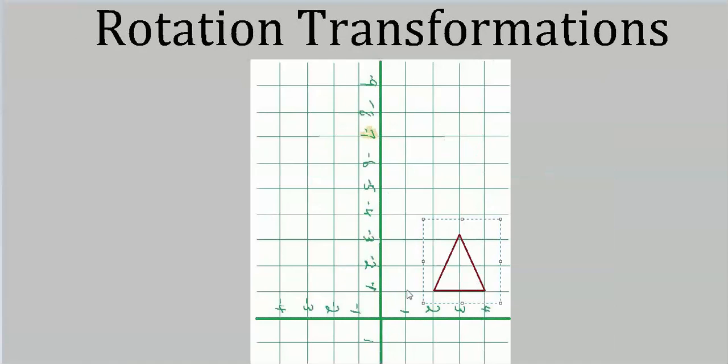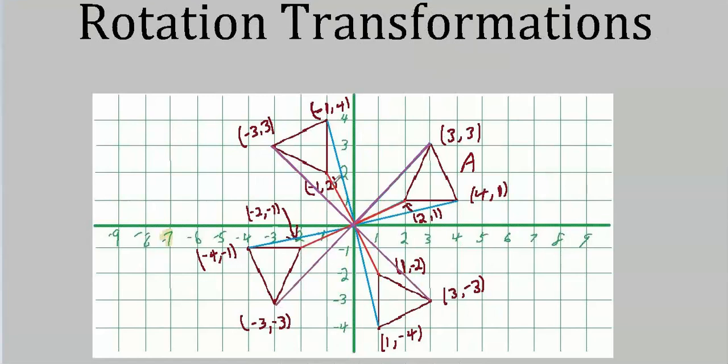We've got -1, 2, -1, 4, and -3, 3. Well, what did we have before? -1, 2, -1, 4, and -3, 3. We could rotate this triangle over this way, and see this 3, 3 rotates all the way around. It becomes this point here.